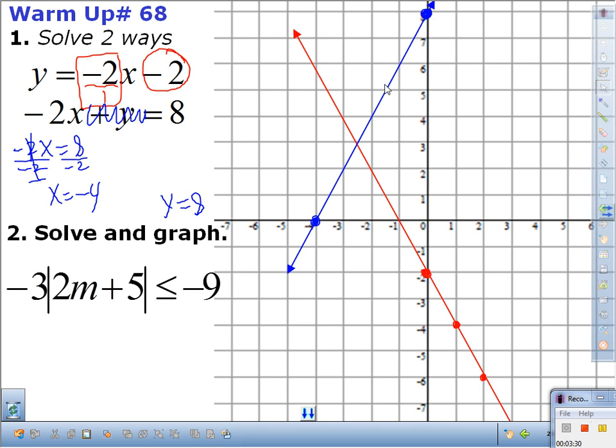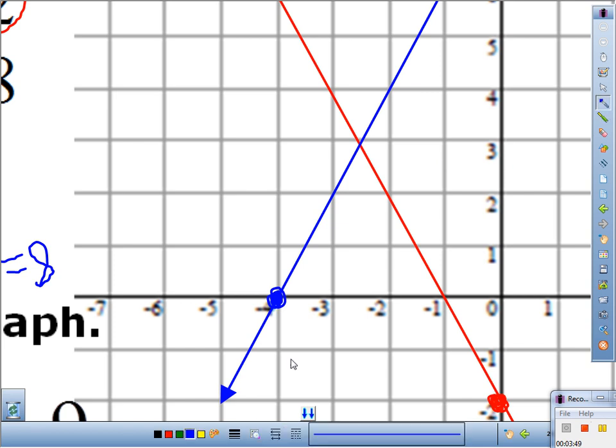So here we go. Can we find the point of intersection now? Yeah, let me zoom in. I'm going to place a point on the point of intersection, which is right there. Okay, so what is my solution? Everyone.